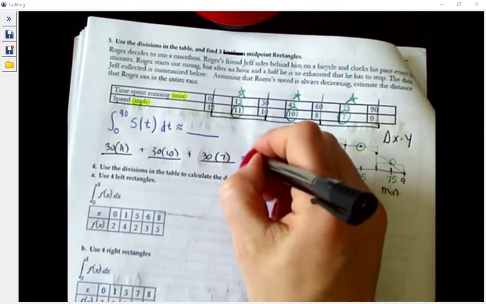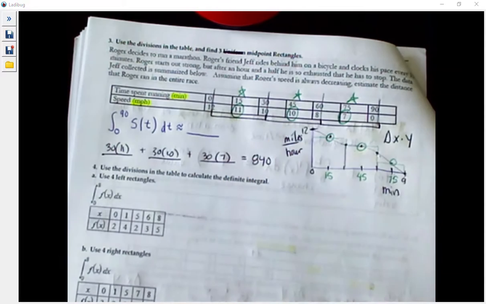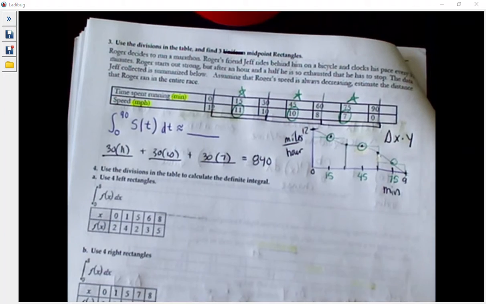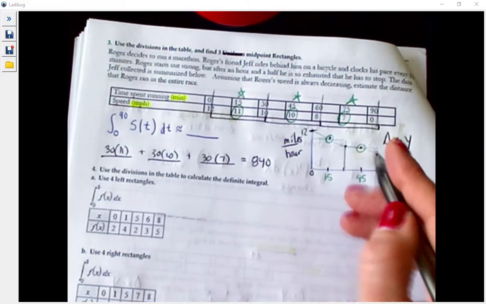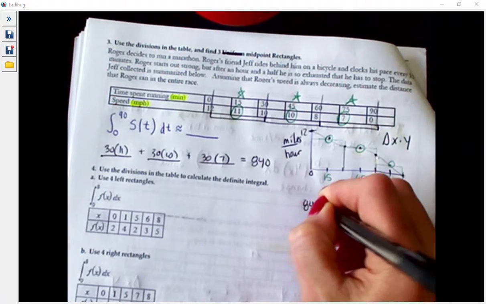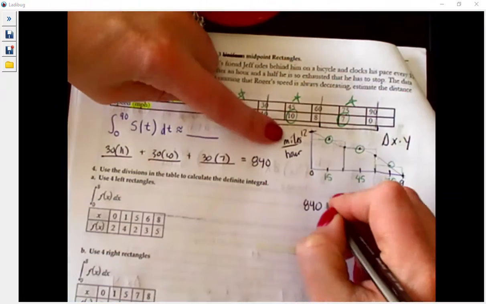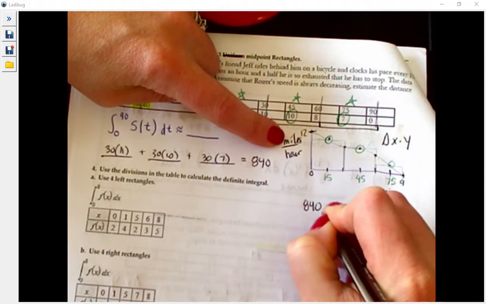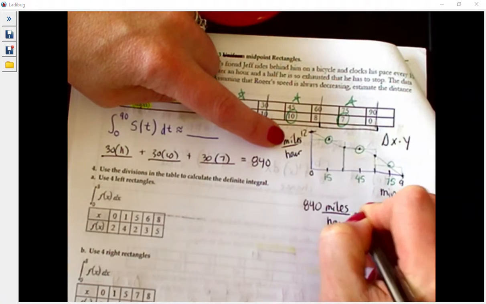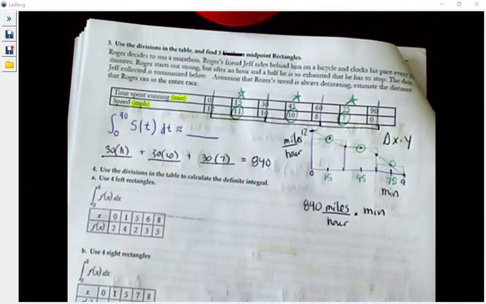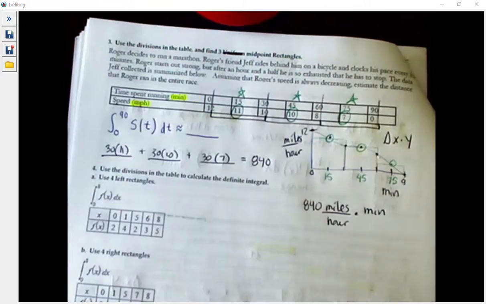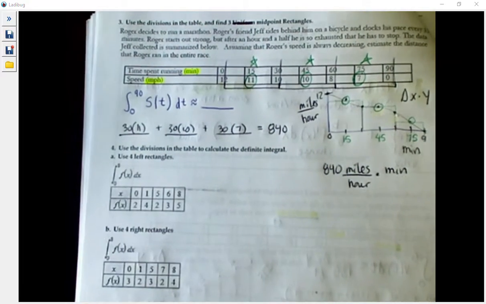Yes, 840. I'm not going to put units on it quite yet because I need to convert them. I'm going to convert them down here because I'm a little bit out of space. So I've got 840. Now I multiplied miles and hours times minutes. That's what I did. But I need my answer to be in miles. How far did he run? He ran this many miles.